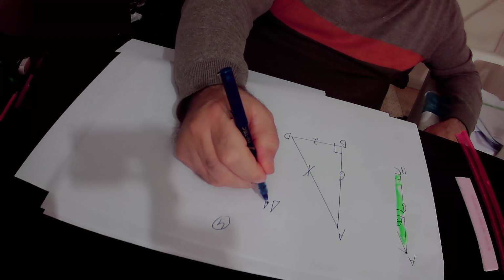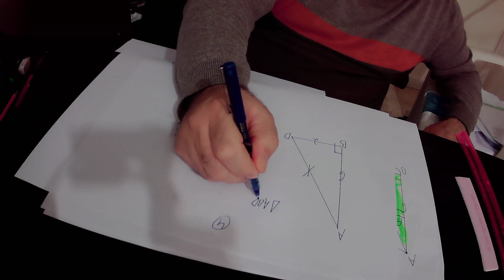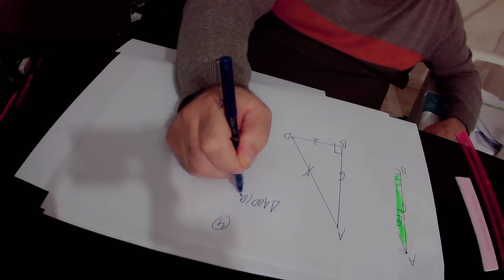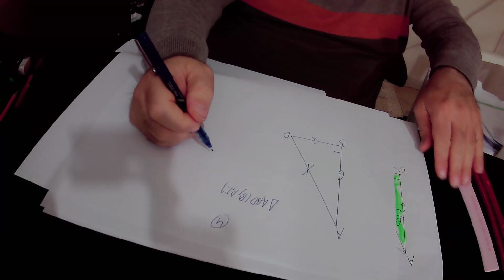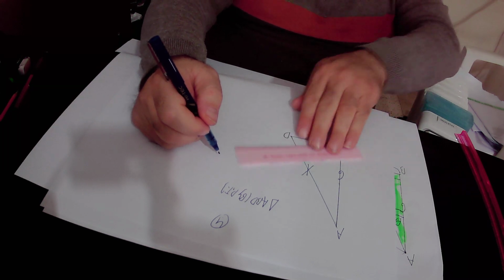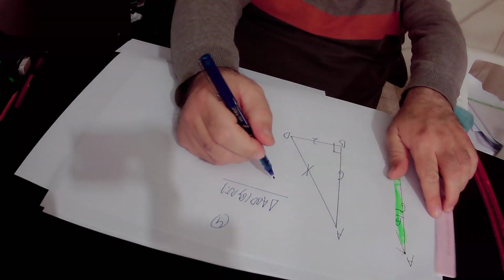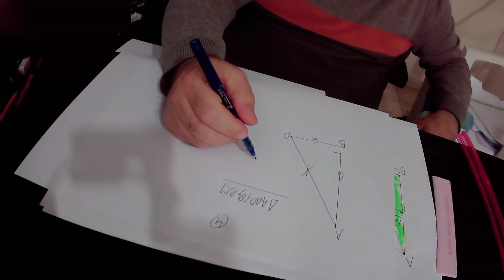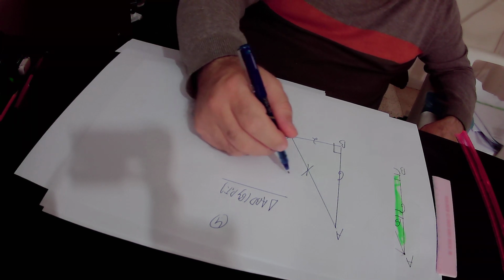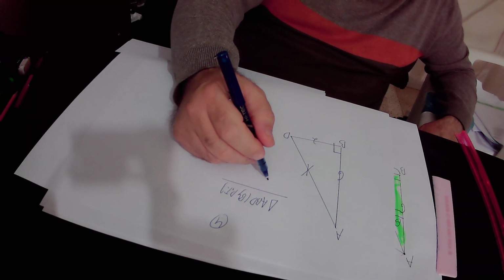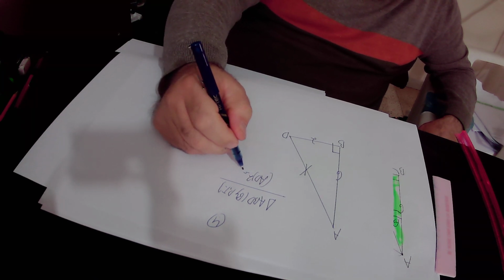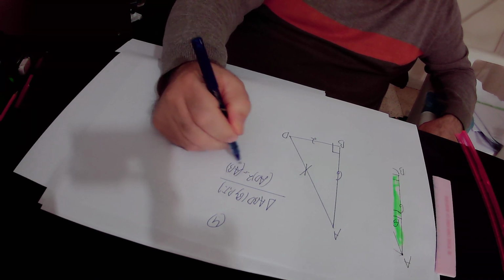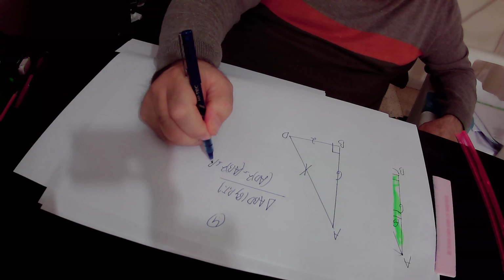In the right triangle ABD, by the equation for the Pythagoras theorem, we will get that AD square, the square of the hypotenuse, equals AB square plus BD square.